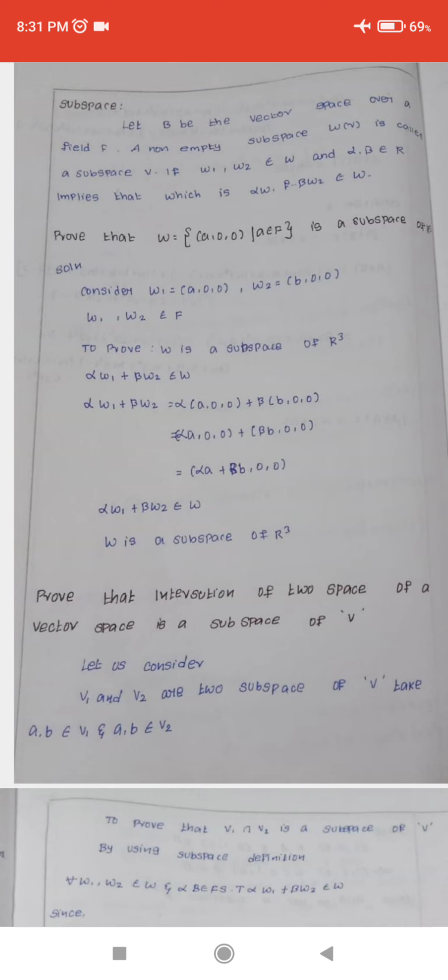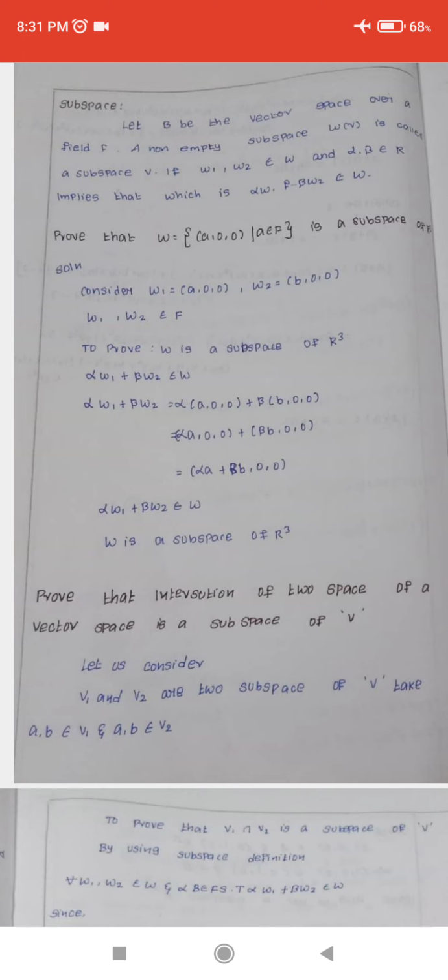To prove W is a subspace of R cube, we have to show that it satisfies the condition alpha W1 plus beta W2 belongs to W. So we write alpha W1 plus beta W2 equals alpha times (a, 0, 0) plus beta times (b, 0, 0).